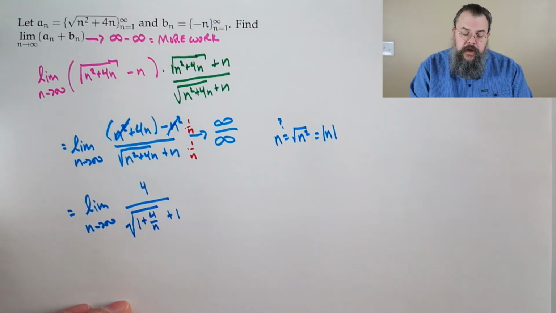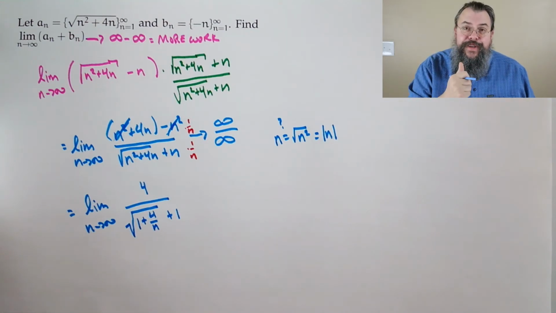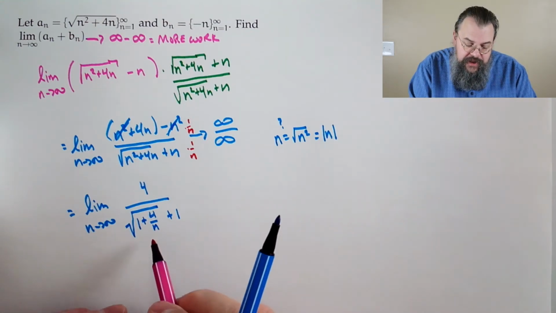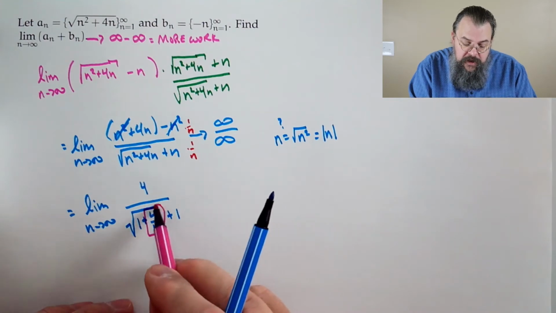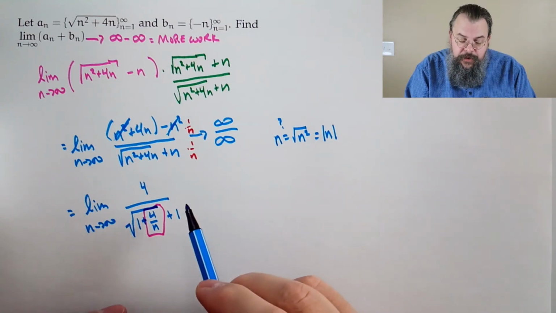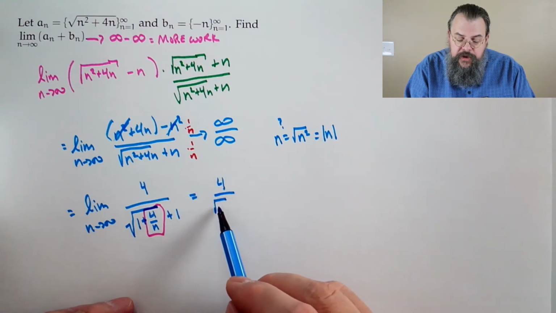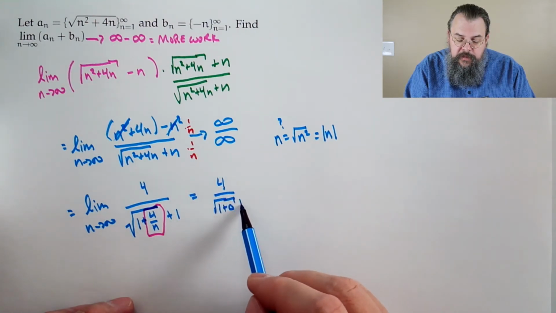And now we say, it's easy to see what happens because there's only one place where n shows up. It's right there at the 4 over n. And we know what happens as n goes to infinity, 4 over n gets small. So we say, hey, this goes to 4 over square root of 1 plus 0 plus 1.